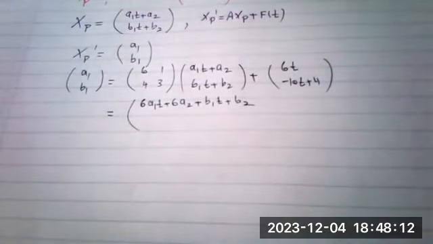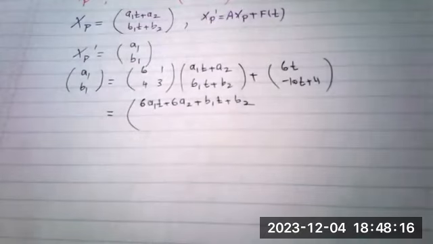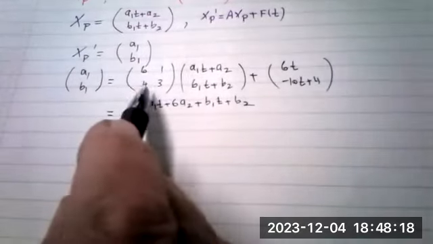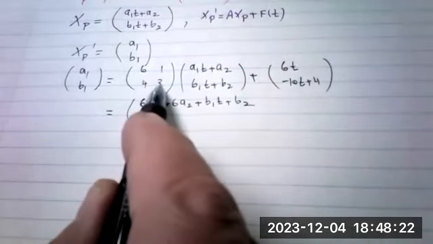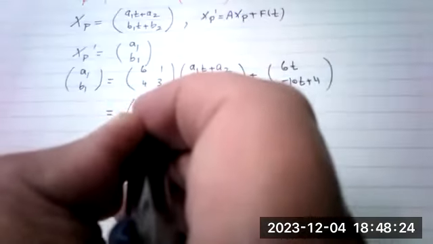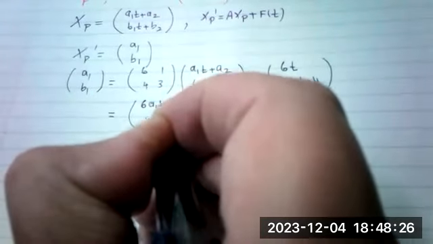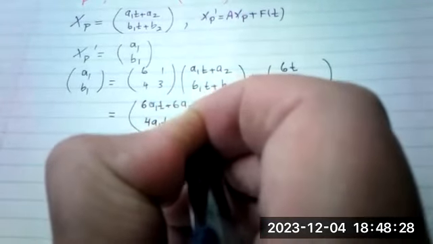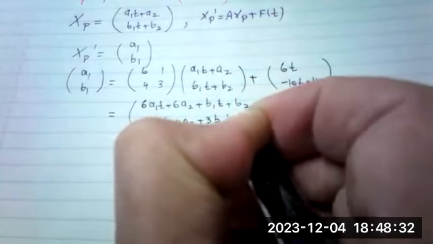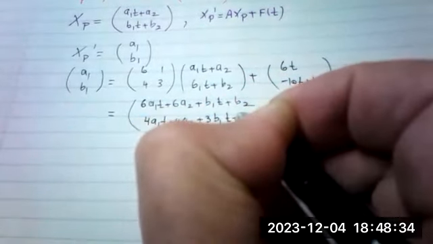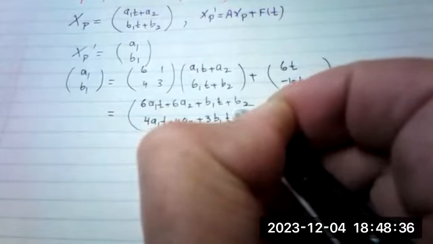And then multiply (6, 1), a dot product, by those vectors. Okay, you do the second one, (4, 3). Multiply by this: 4 times the first one, plus 3 times the second one. So that gives you 4A1t plus 4A2 plus 3B1t plus 3B2.